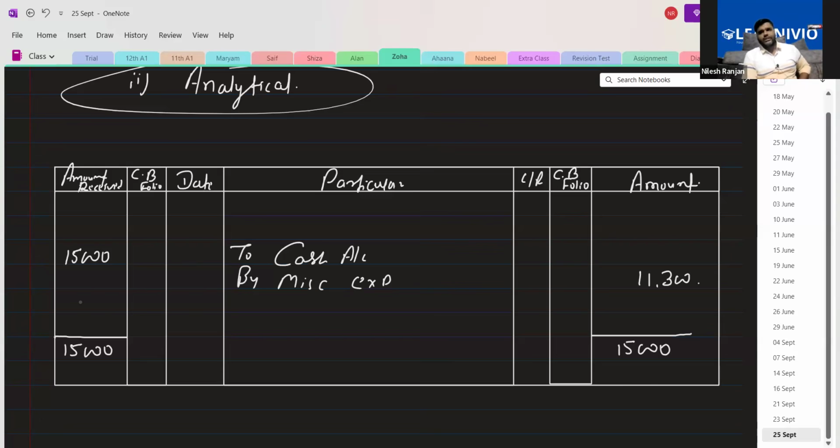You cannot spend more than that, because if you have received only 15,000, how can you spend 16,000? So that's why the amount received side will always be higher. So 15,000 minus 11,300, so it will be 3,700 by balance CD.